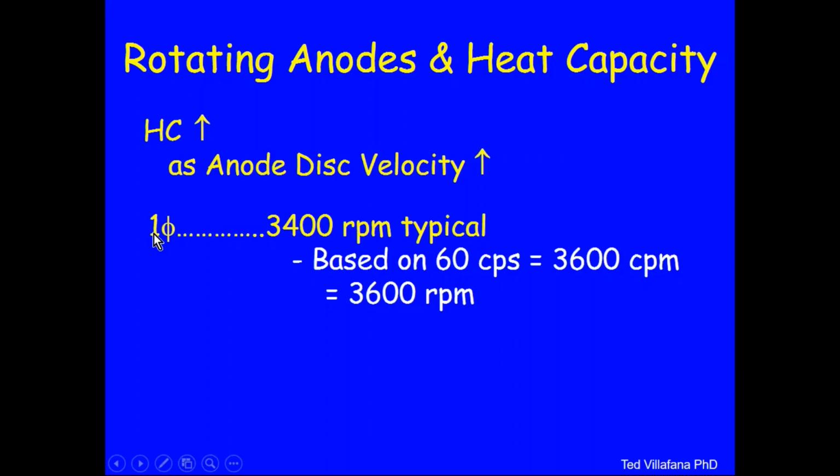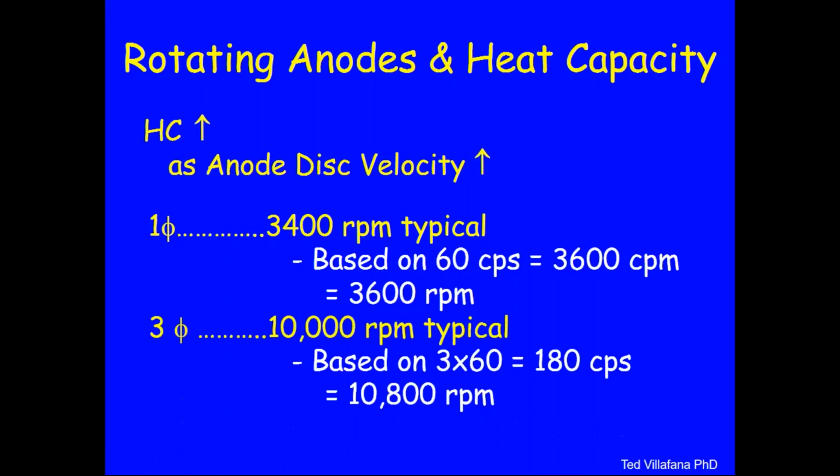There's your standard being single phase. Now, when we go to three-phase, you can triple up on that. Tripling up on that actually would give you 10,800 RPM, right? In other words, you would have 3 times your 60, or 180 cycles per second, and that works out to 10,800 rotations per minute.